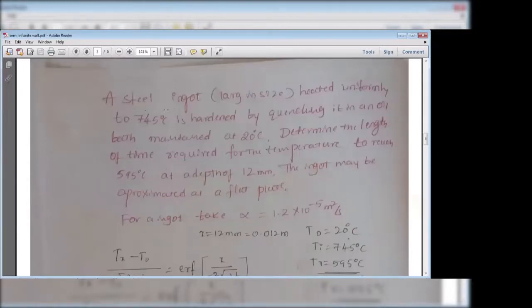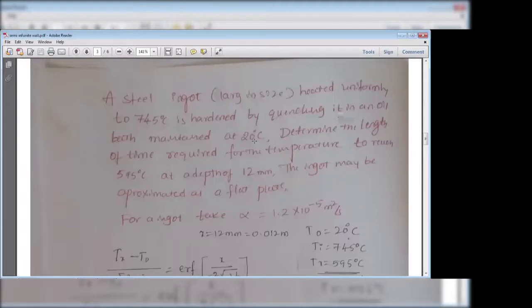A steel ingot is nothing but the casting part. A steel ingot, remember, is the material here. A steel ingot, large in size, heated uniformly to 745 degrees Celsius, is hardened by quenching it in an oil bath maintained at 20 degrees Celsius.